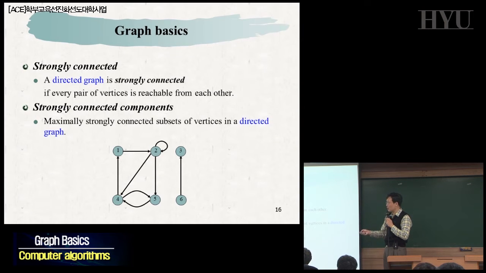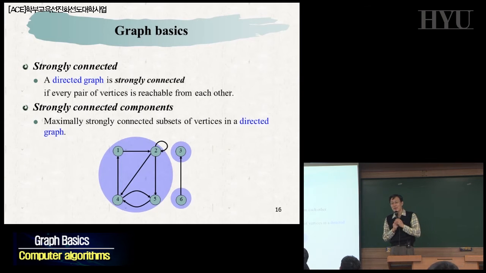So this is a strongly connected component. But, okay, you said there is only 1, but the answer is 3. There are 3 strongly connected components. This is not a strongly connected component, so we can separate them. So this vertex alone is a strongly connected component, and this vertex is also a strongly connected component.